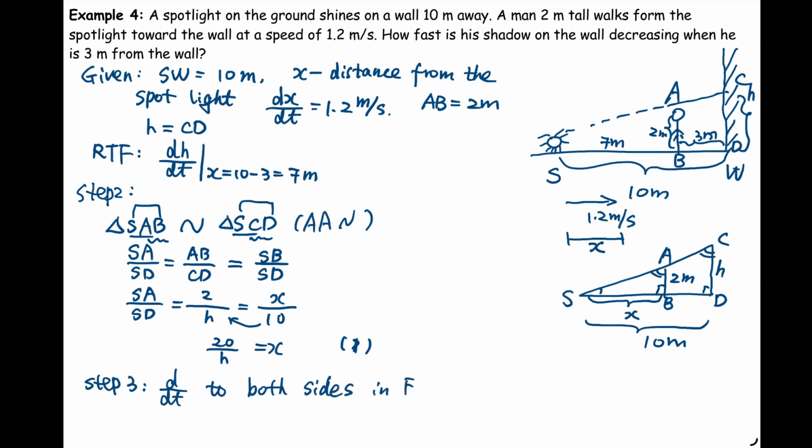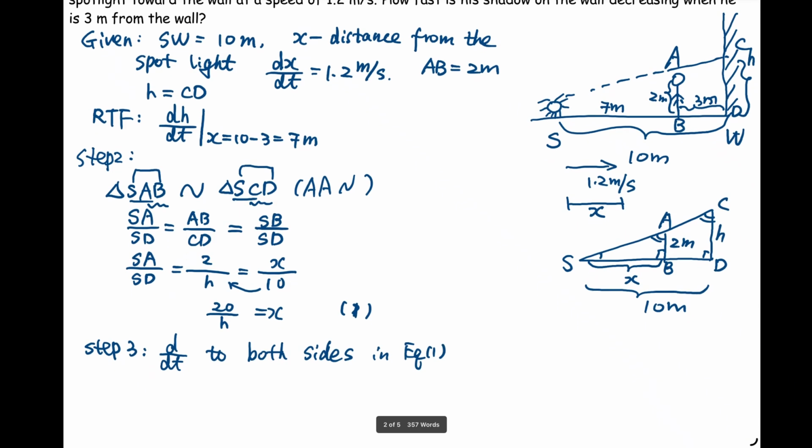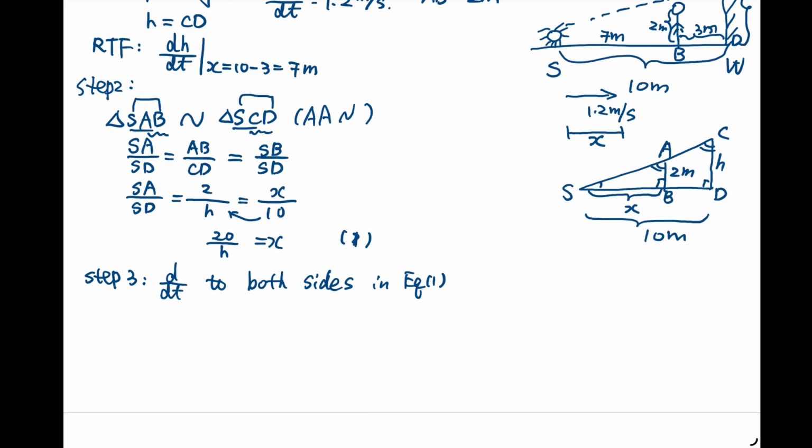In equation 1, we are going to see the left side is 20 over h, you could think of it as 20 h to the negative 1. So bring the negative 1 to the front, then the exponent negative 1 minus 1 gives you negative 2. And don't forget the chain rule. h is a function of t, so dh dt equals the right side, dx over dt.